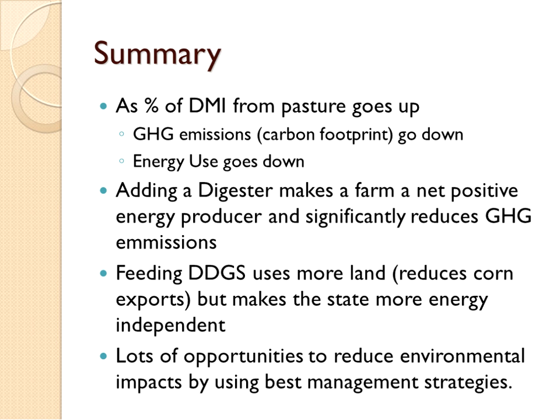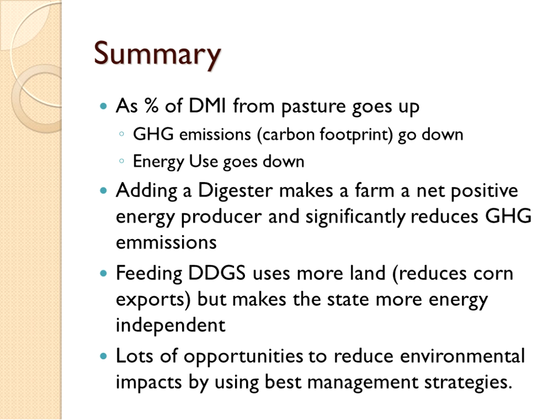So in summary, as the percentage of dry matter from pasture goes up, greenhouse gas emissions go down, energy use goes down. Across the board, an anaerobic digester is the biggest single technology contribution to reducing both the greenhouse gas, the carbon footprint, as well as the energy intensity.